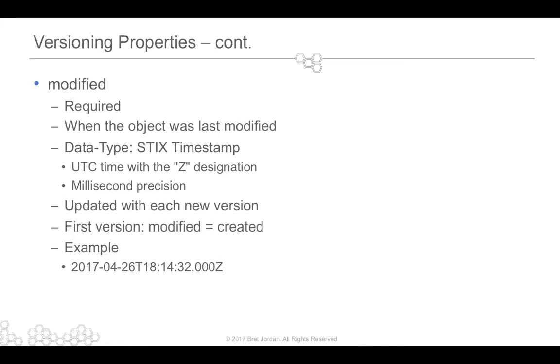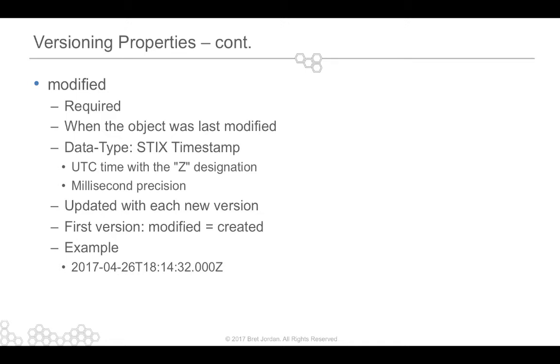The modified property is required on all STIX objects and is used to capture the date and time of when an object was last modified. The data type for this property is a STIX timestamp, which means the value must be in UTC time with the Z designation, and because this timestamp is used for versioning, it must also use millisecond level precision.